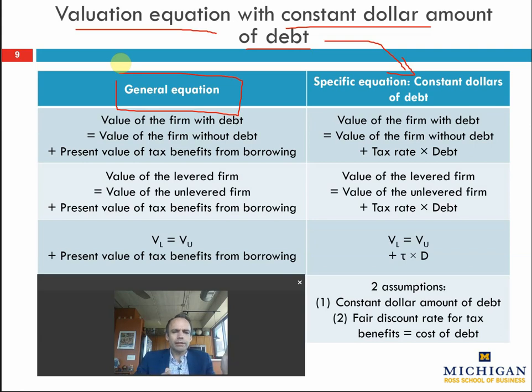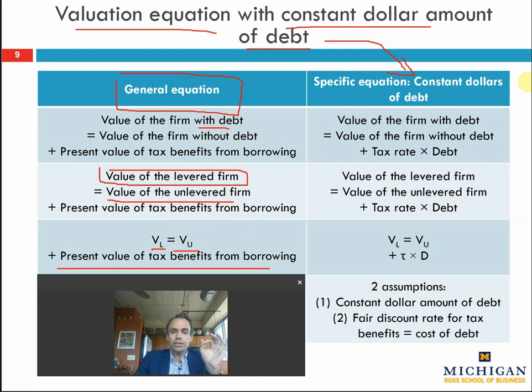What's on the left-hand side is a general equation that always applies. It says that the value of the levered firm, that is the value of the firm with debt, or V subscript L, is the value of the unlevered firm, or V subscript U, plus the present value of the tax benefits from taking on debt.